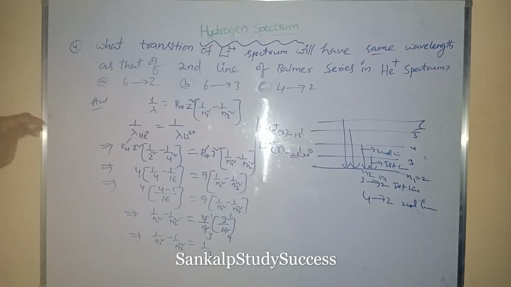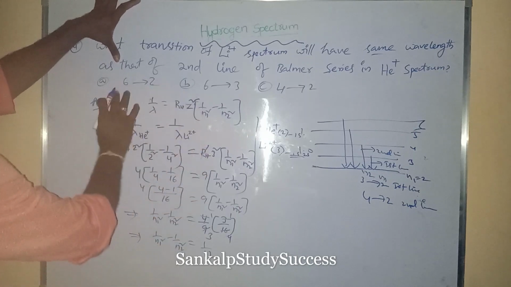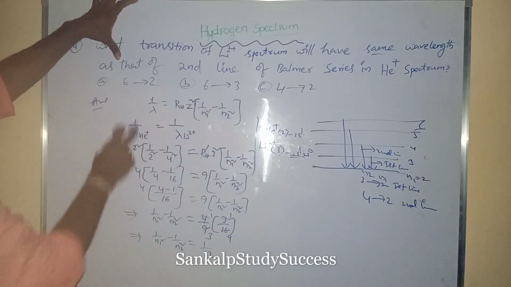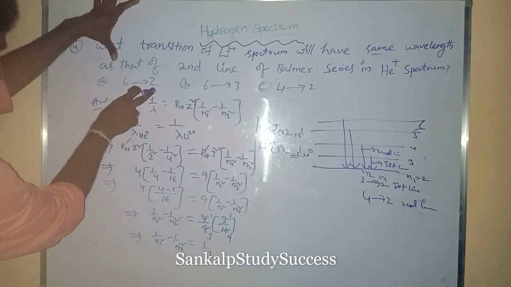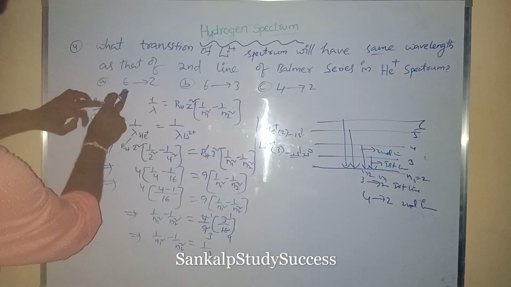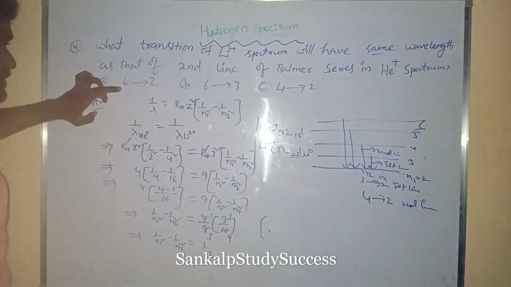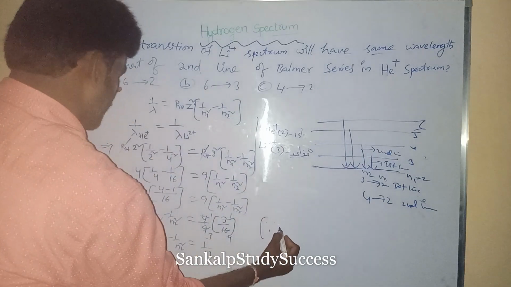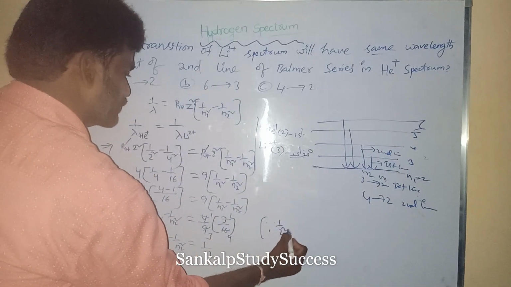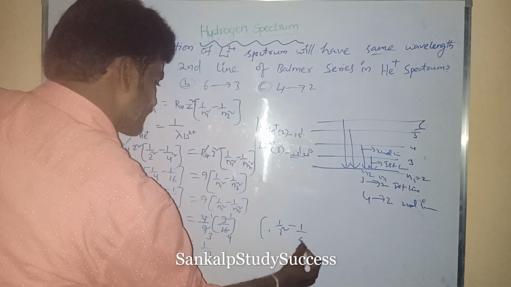So now this transition can be substituted in this formula. First one, 6 to 2. Here n1 can be taken 2, n2 can be taken 6. So that can be substituted: 1 by n1 square, that means 1 by 2 square, minus 1 by n2 square, 1 by 6 square.